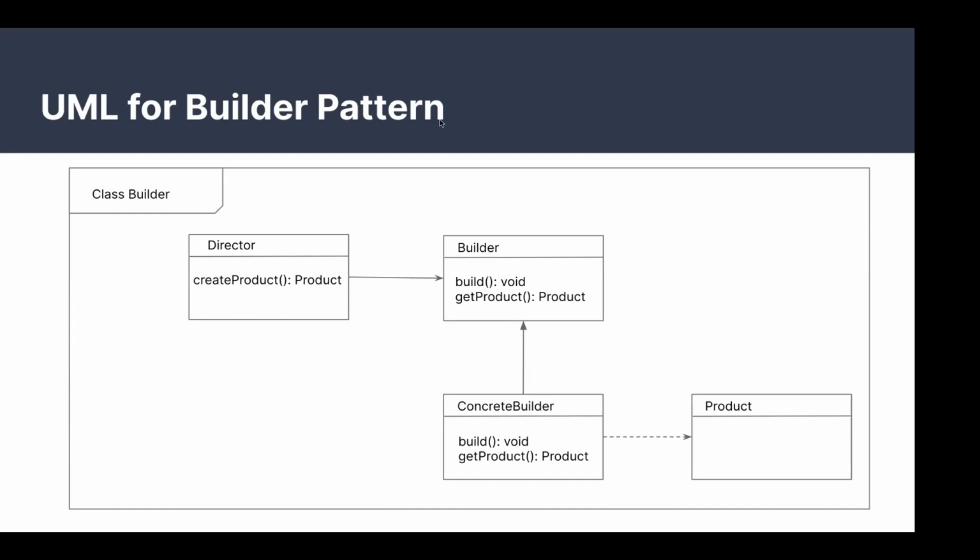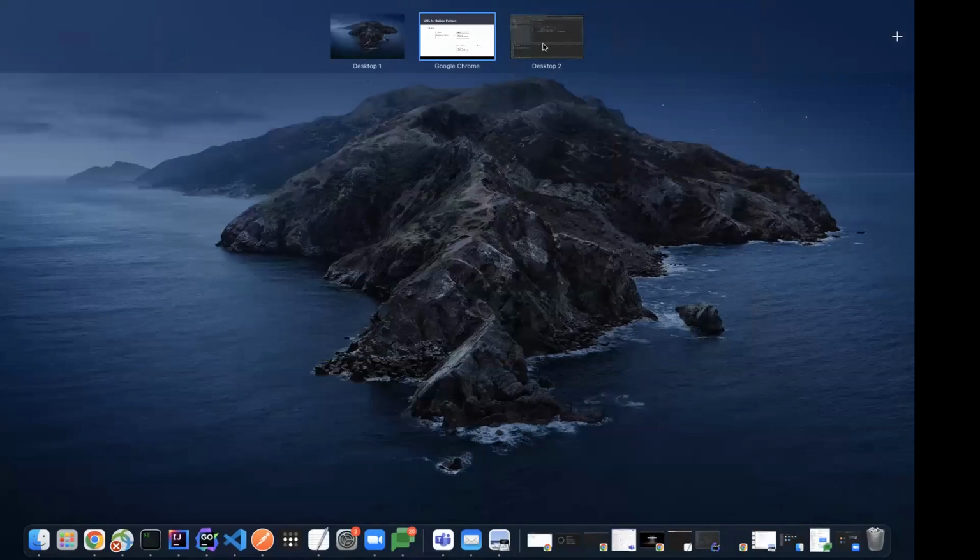So I'll start with the UML and explain the things there. If you look at the UML, we have a director. The director uses the builder to construct the object and also knows the sequence of build steps.